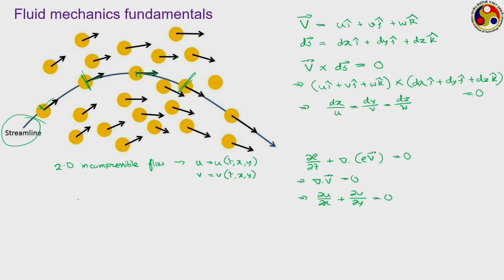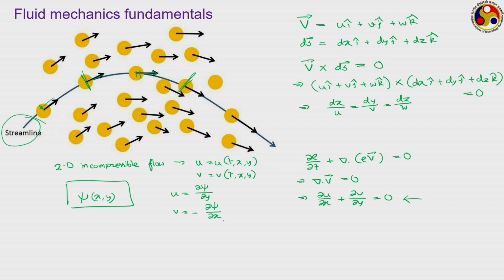Now, let us define a function psi, a function of x and y, such that it satisfies this 2-dimensional incompressible continuity equation. If this function psi has to satisfy this particular equation, then what should be its relation with u and v? There are quite a few ways we can relate them, but generally the most common way of defining is u equal to dou psi dou y, v equal to minus dou psi dou x.